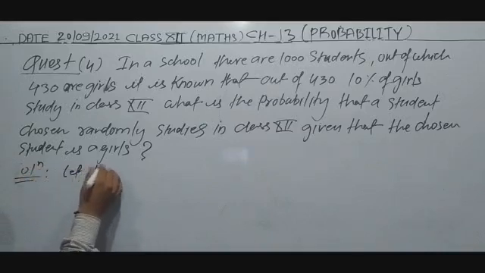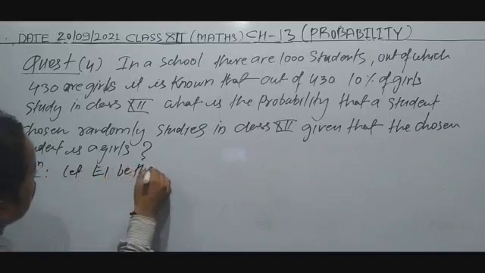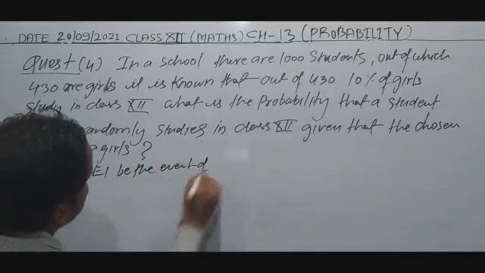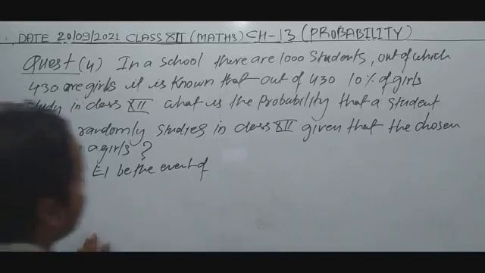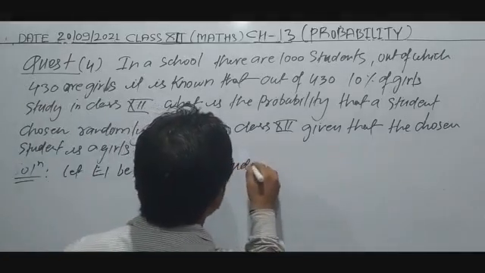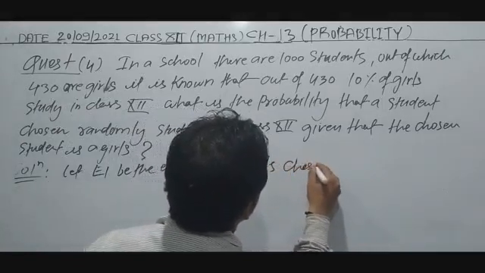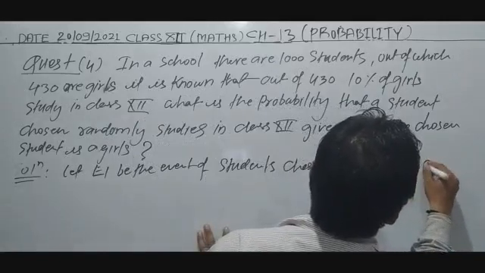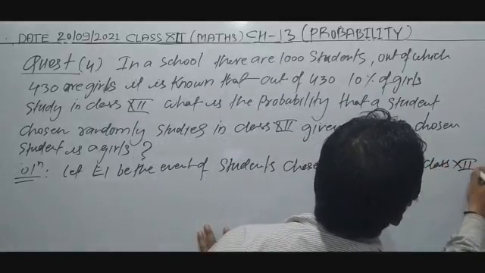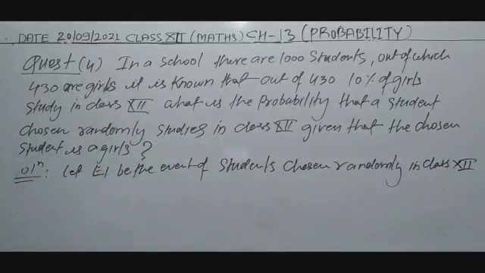Let E1 be the event of the student chosen randomly studies in class 12th, not 11. Now we have considered E1. Now what is E2? We are going to consider the second event E2.